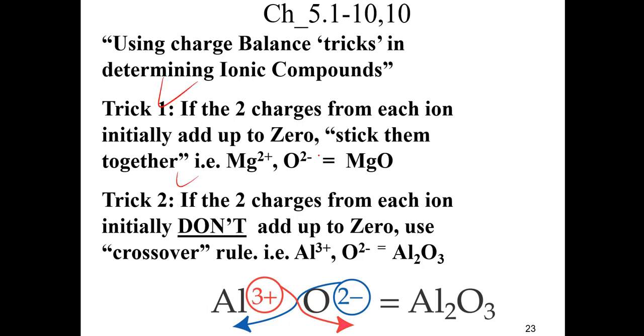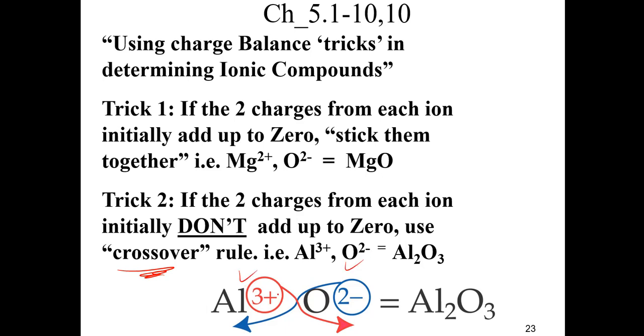Here's a trick. If the 2 charges add up to 0, then stick them together. On the other hand, such as aluminum oxide, if the 2 charges from each ion don't add up to 0, then you cross over. So there's that aluminum 3 plus, there's the oxygen we just did.